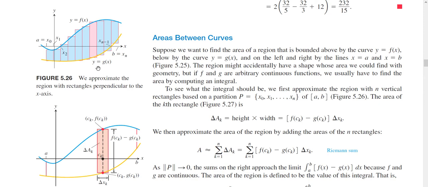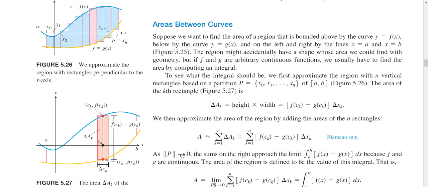So this is important to figure out the upper and lower curve while evaluating the area between the curves. So if we have upper curve y is equal to f(x) and lower curve y is equal to g(x), and we have to find the area between these two curves from some point a to some point b, so we actually need to find the area bounded by the lines x is equal to a, x equal to b, and bounded above by the curve y is equal to f(x), and bounded below by the curve y is equal to g(x).